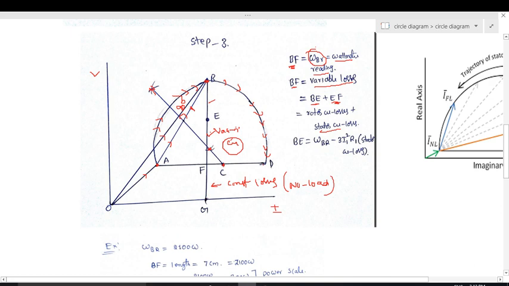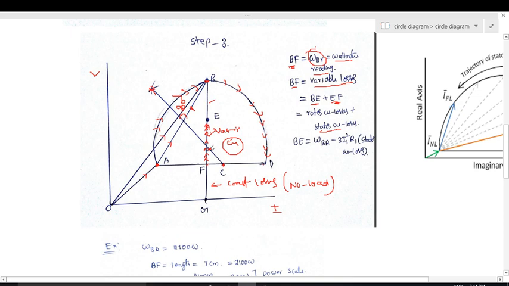Generally, at no load test, the stator doesn't draw more current. So if you put the load, the stator draws more current and copper losses take place.